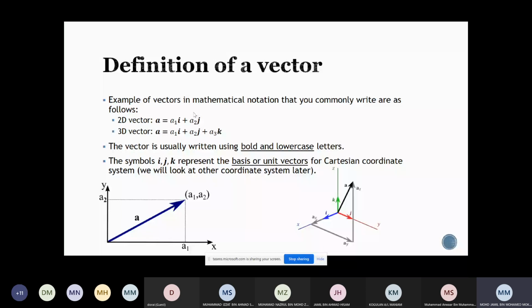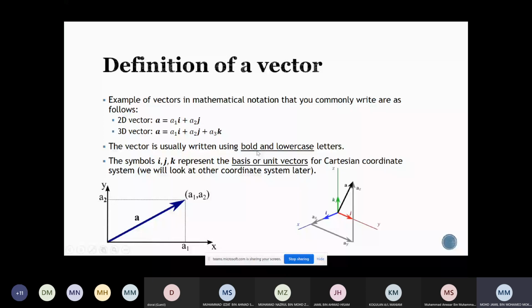So usually a vector we write in a lowercase letter, okay, and if in writing in a Word document, for example, we can bold this vector. But in handwriting, we can't bold it, right, we can't possibly write with a thick pen.